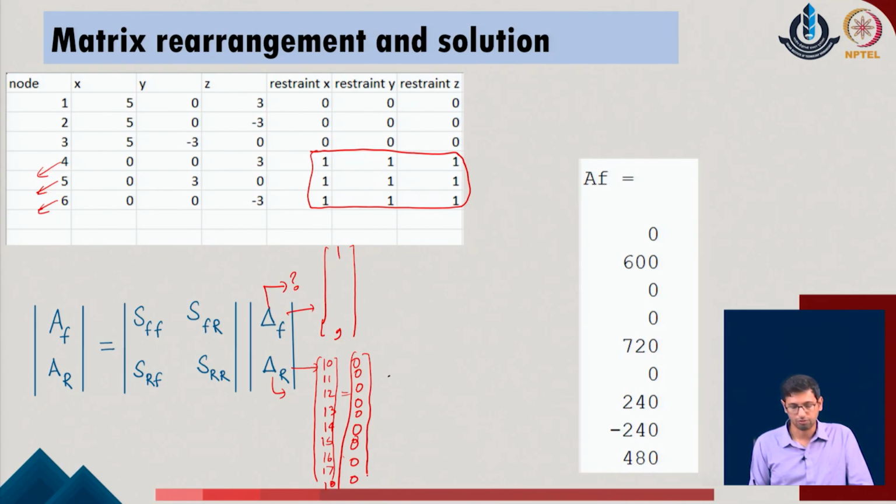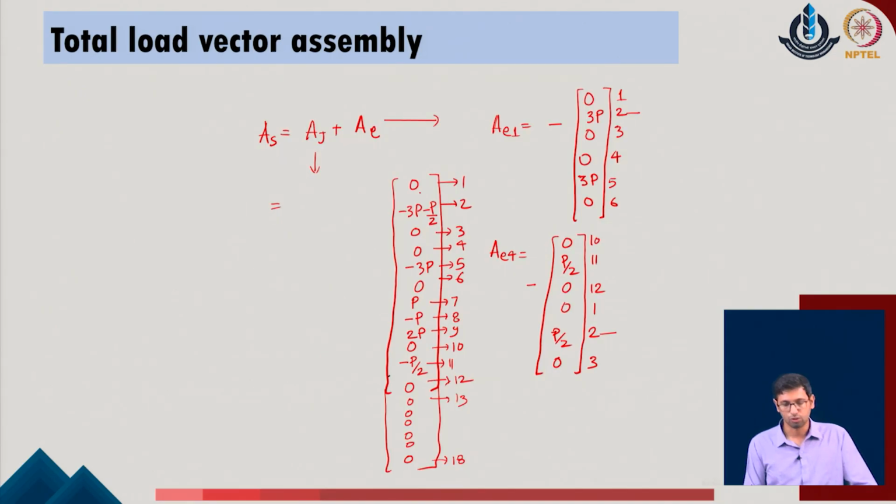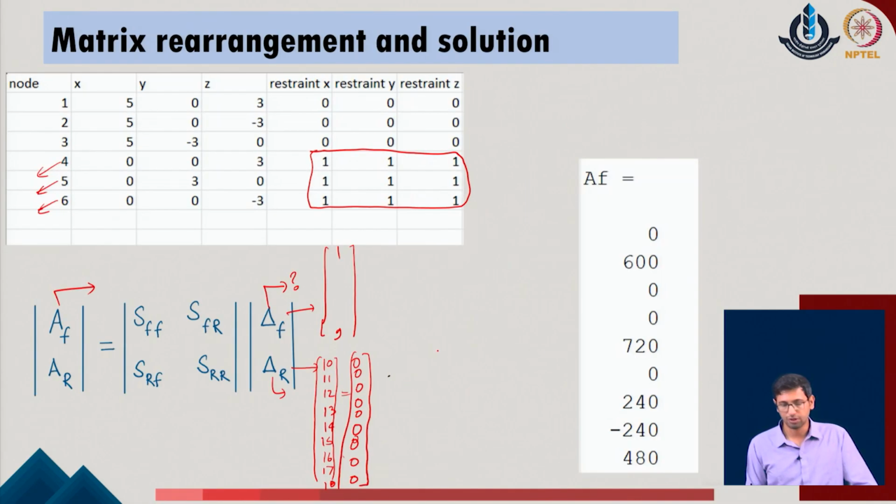So, this is a null vector for the given system. A of f is the load vector corresponding to the first 9 degrees of freedom. So, we go to this point, the first, second, third, 4, 5, 6, 7, 8, 9. Up to here we take these values from the given system, and this we define as A of f in the given problem.